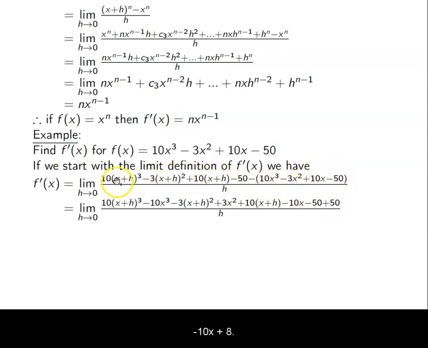This 10 times x plus h cubed is now grouped with this negative 10x cubed. This 10 times x plus h is grouped with this now negative 10x. So I distribute the negative sign and I grouped the terms together, right? So the cube with the cube, the square with the square, and so forth.